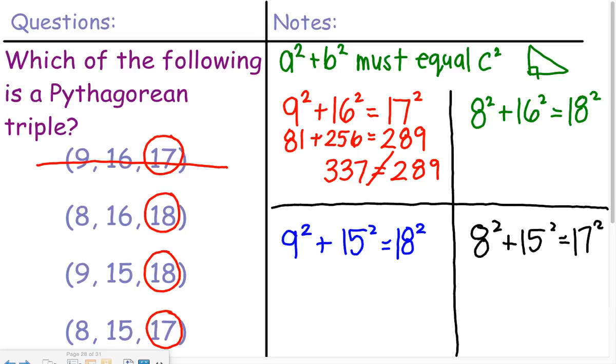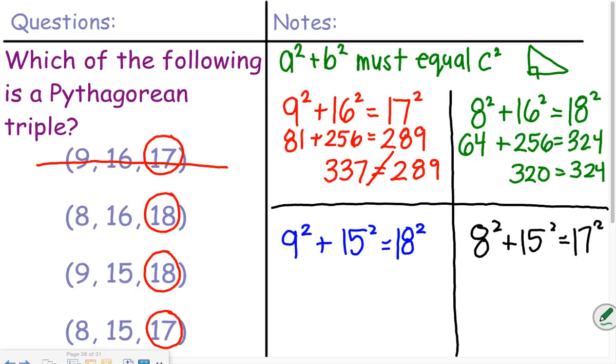All right, if I go to the second one, 8 squared is 64. 16 squared is 256. 18 squared is 324. 64 plus 256 is 320. 320 does not equal 324, so I'm going to cross off the second one.